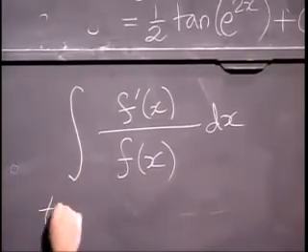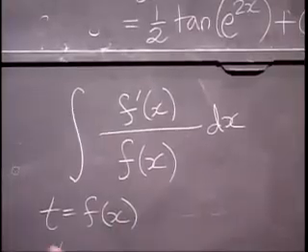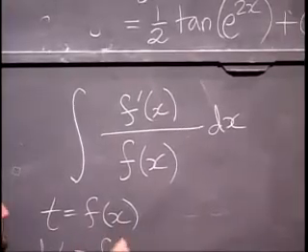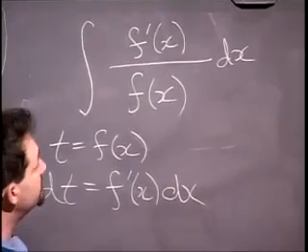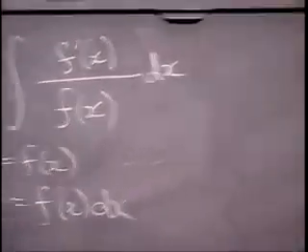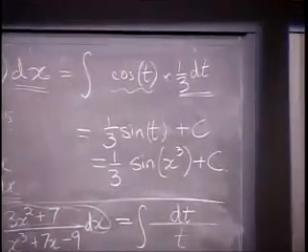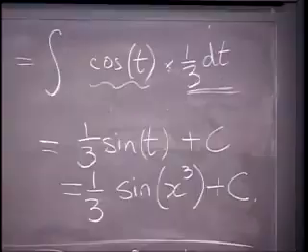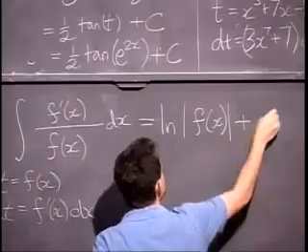If you just substitute t equals f of x, then dt is the derivative, f prime of x dx, and you will get 1 over t. In fact, I don't want to write it out. The argument is exactly the same as the top two things over there. You get dt over t, and you get log of absolute value of t plus c. So this is just the log of the absolute value of f of x, plus a constant.